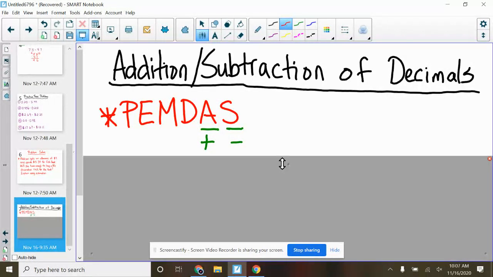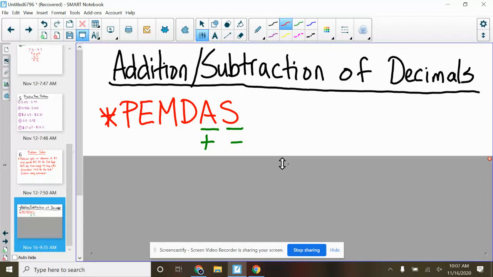Okay. Now, the word PEMDAS goes with something in math called order of operations. Okay? Order is how you do things. In what order do I do this? Operation in math stands for different kinds of math.